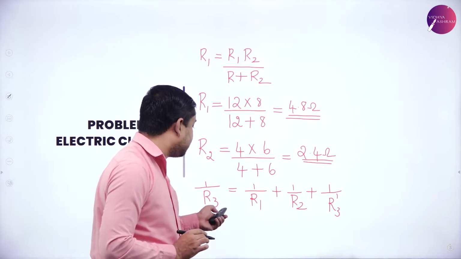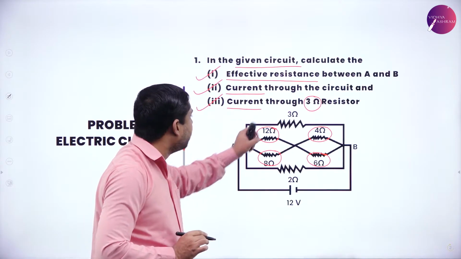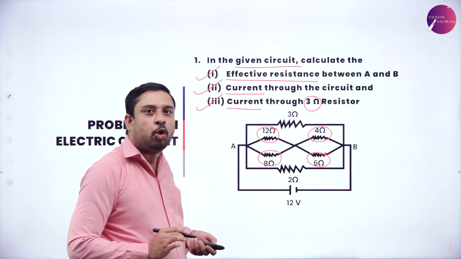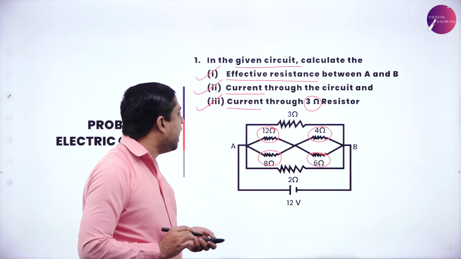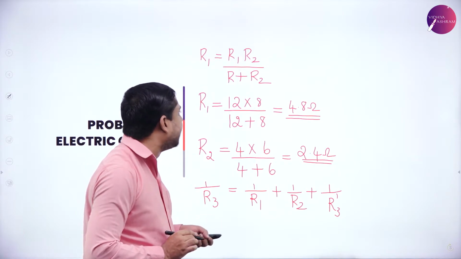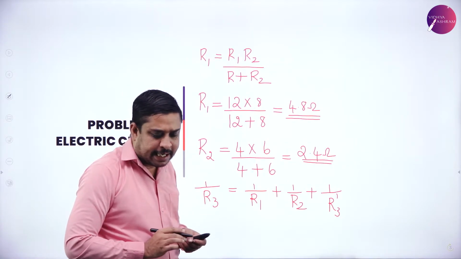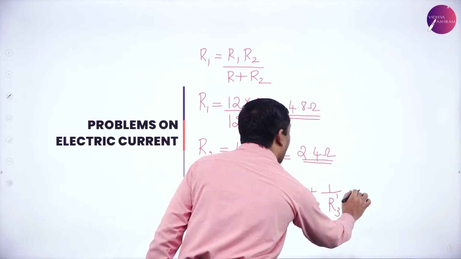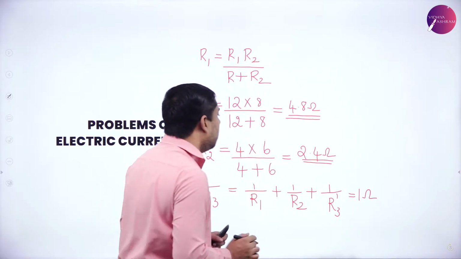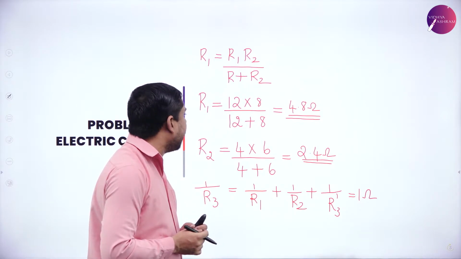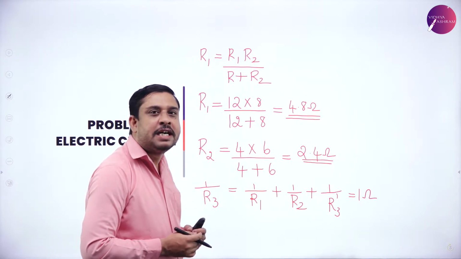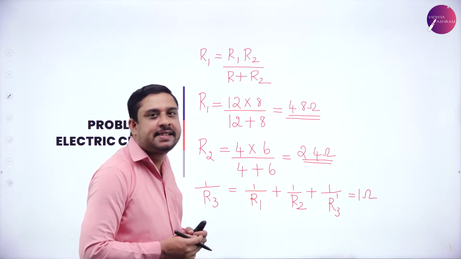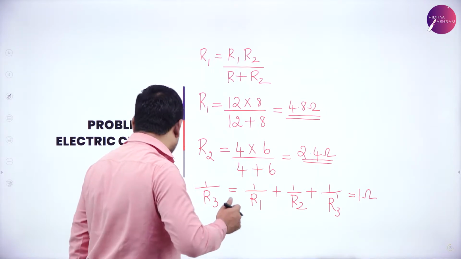So that is nothing but 1 by 3 plus 1 by 2 plus the effective combination here, which turns out to be nearly 1 ohm. So I found out the effective resistance between the points A and B.